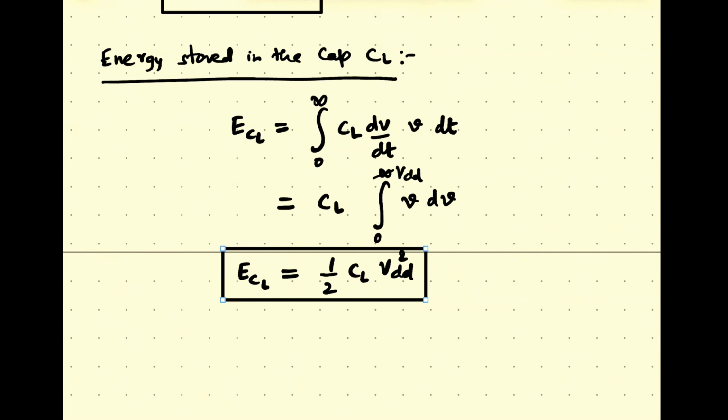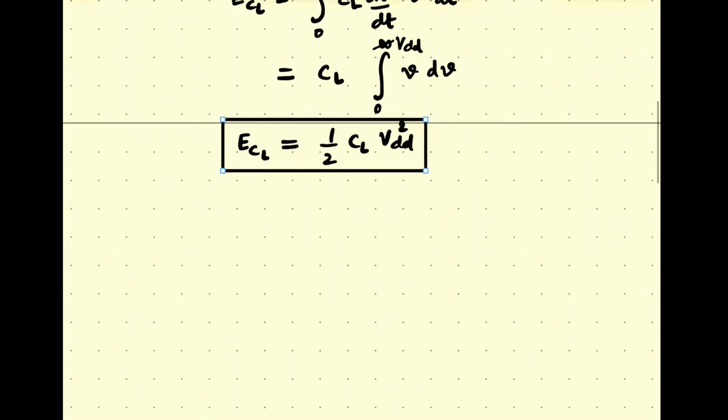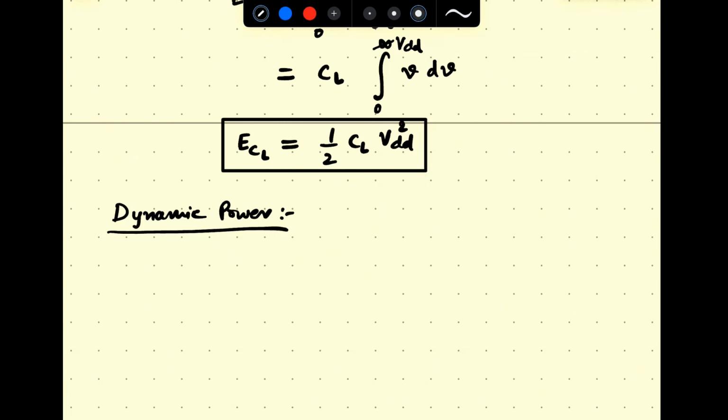Now we can go and derive the dynamic power. The dynamic power can be derived from the energy that you spend in one of these transitions. So the power for the transition, let's say we're going from 1 to 0 on the input, is the energy for this transition times the frequency of these transitions.